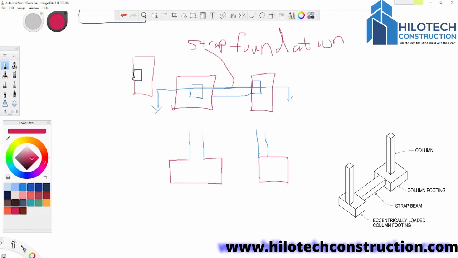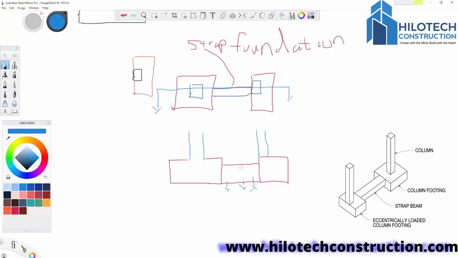We connect the two with a beam, but the difference is that this is a strap foundation, so it is not a normal beam that is just linking the pillars. It's a foundation, so it has to rest on the ground like any other foundation or footing. We connect it with a beam like this, which is resting on the ground, as you can see.